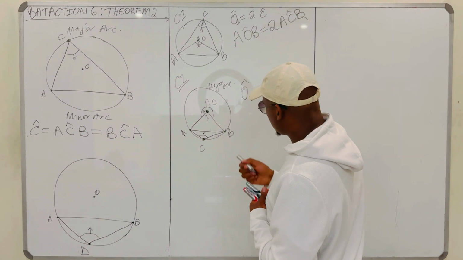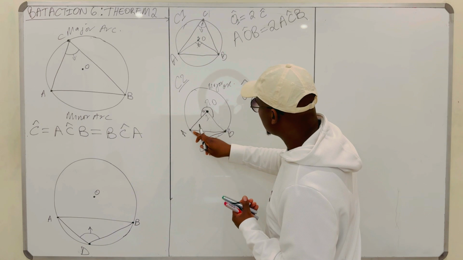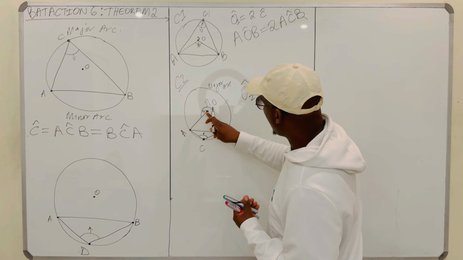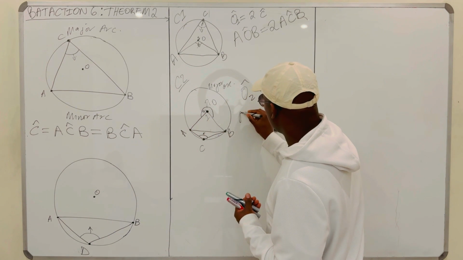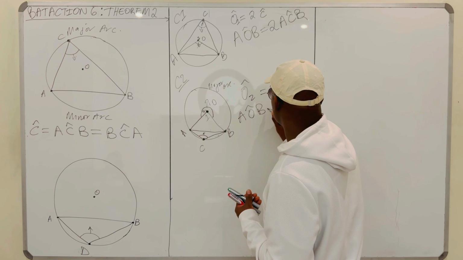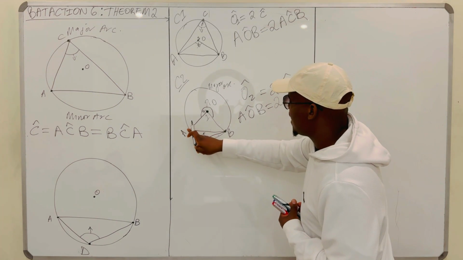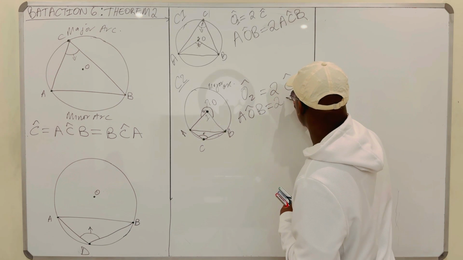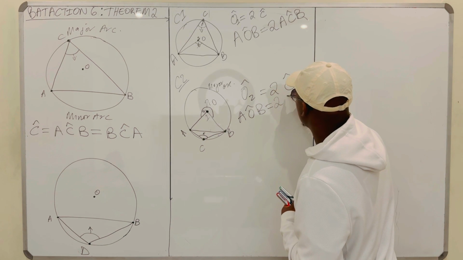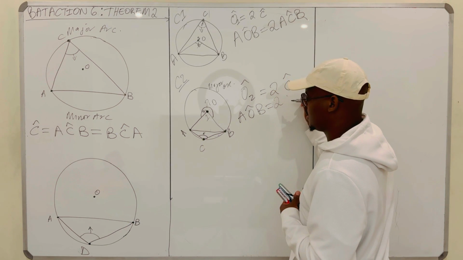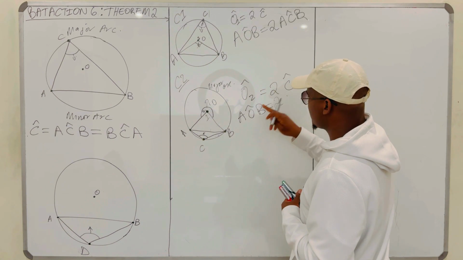Yes. Or you can say AOB is equal to what? 2 times what? ACB. Aren't you supposed to put 2 there? Where? O2. Wait, here? Yes.